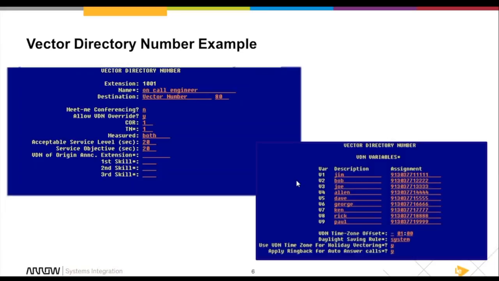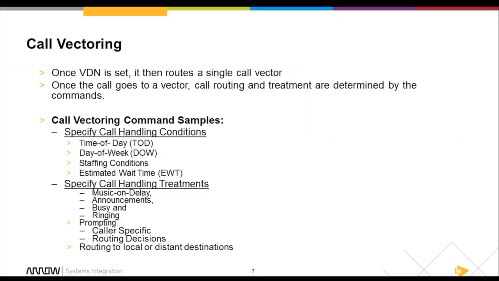So if this VDN and the name of it is the on-call engineer, we can describe the on-call engineer and the assignment to that engineer within the VDN. Also on the VDN, you can see that we have a time zone offset. Let's say that you have your main communication manager in Omaha, but you also have a G450, G650 in Denver. The VDN for this one is a Denver VDN, so you're going to want an offset. You also have daylight savings rules for these VDNs.